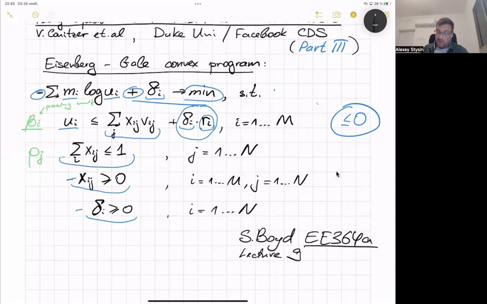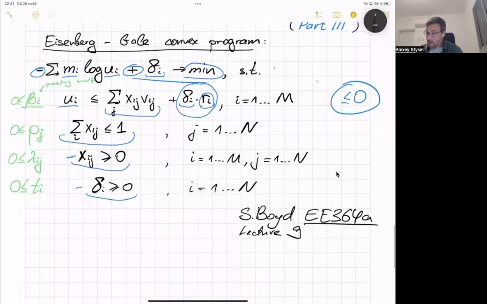Then we would need two auxiliary Lagrange multipliers that will eventually cancel themselves out. We will call this one lambda ij for the non-negativity of the allocation, and ti for the non-negativity of delta i. We should also remember that all of these Lagrange multipliers should be greater than or equal to 0, as the dual constraints.